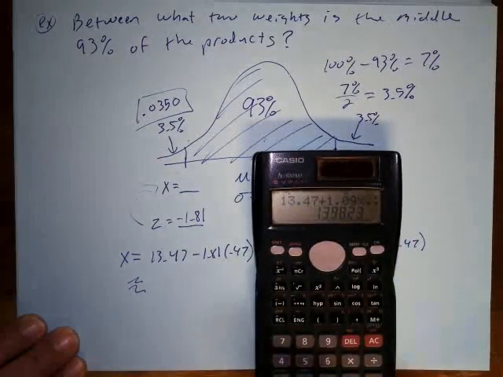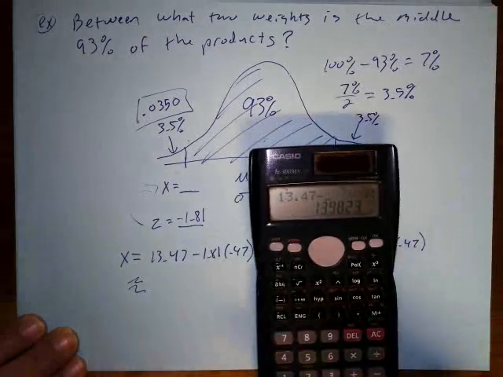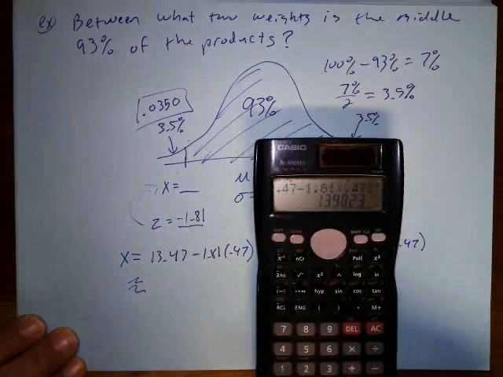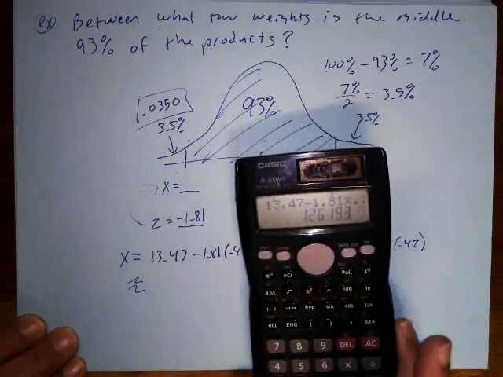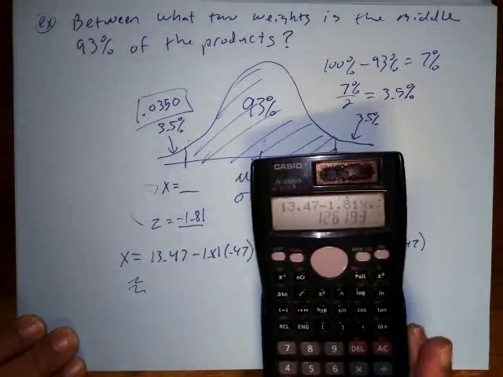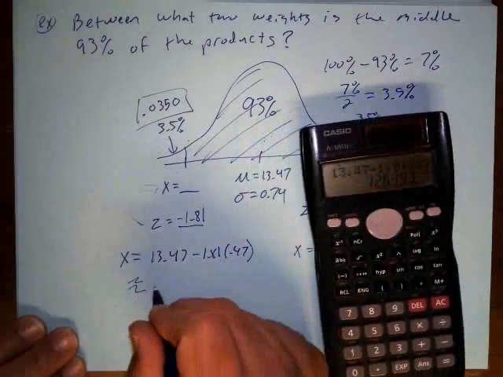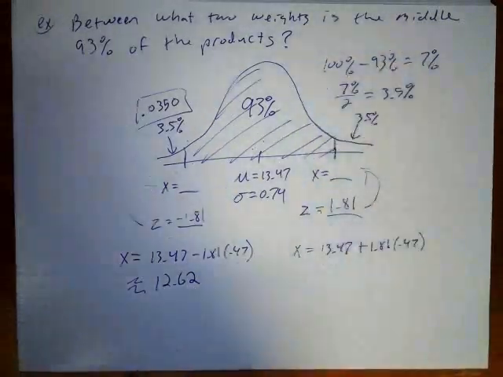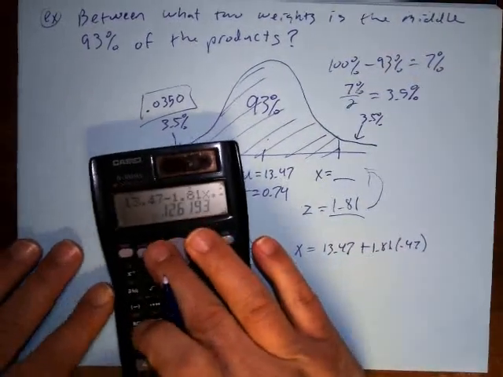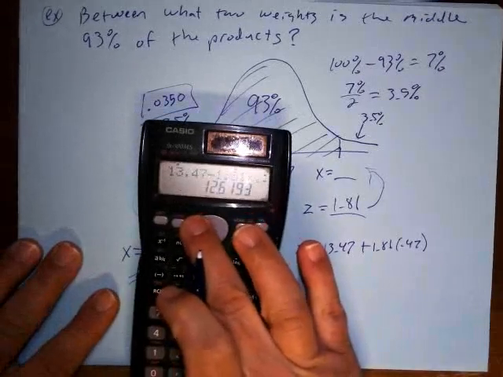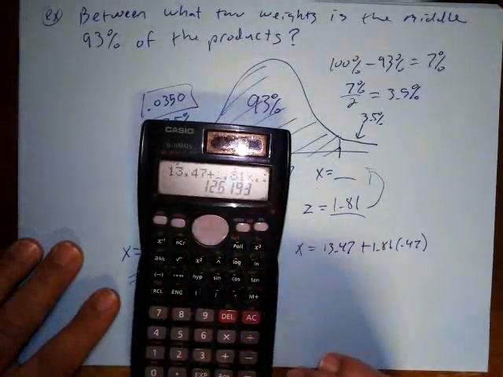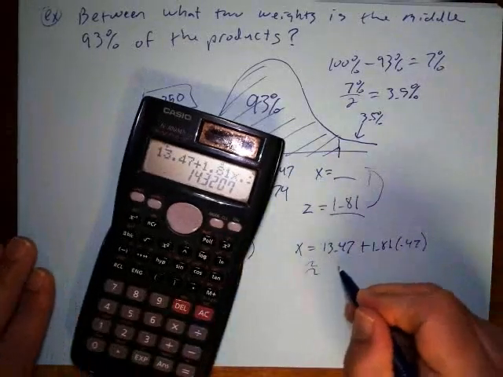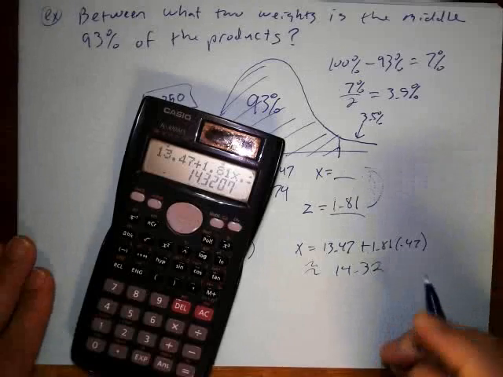so I'll do 13.47 minus 1.81 times 0.47, and I'm going to round to 2 decimal places, so 12.62. And then this one is the plus here, so I'm going to just go up and edit and change that to a plus, and I get 14.32.